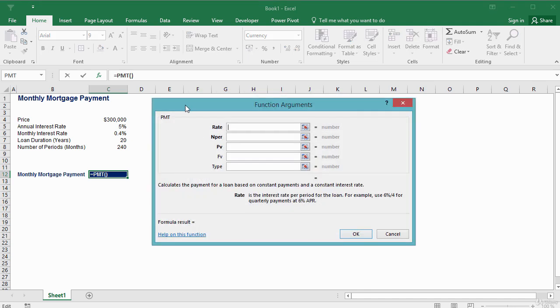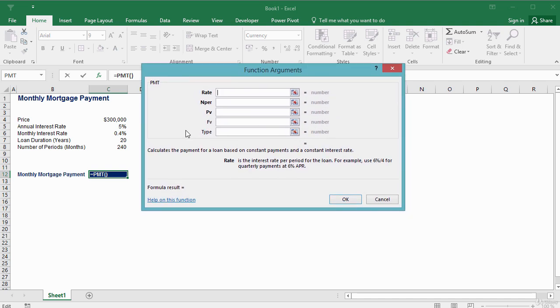As you can see, it calculates the payment for a loan based on constant payments and a constant interest rate. So basically, it will calculate how much the monthly payment is going to be if we want to buy a house that costs $300,000 and pay a constant interest rate of 5% annually for 20 years.